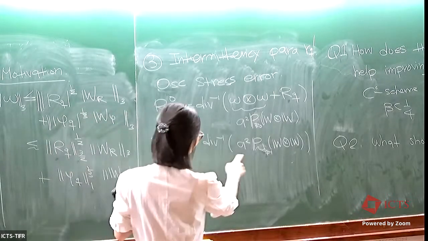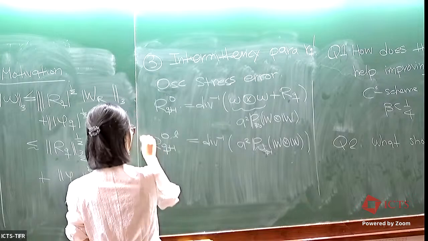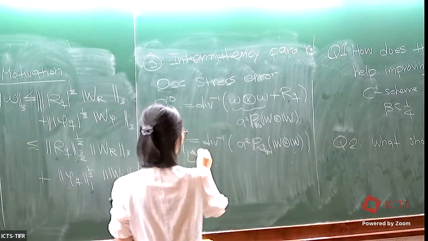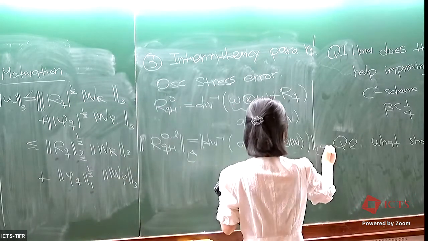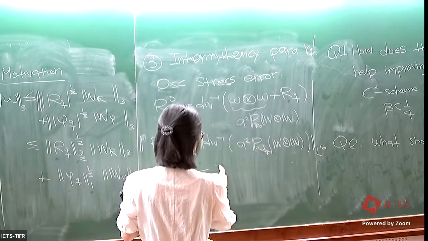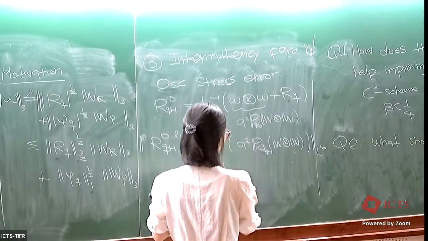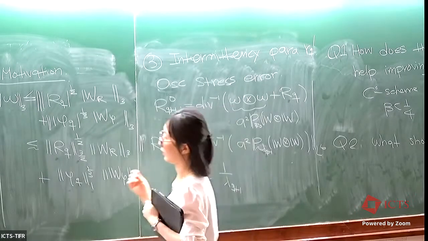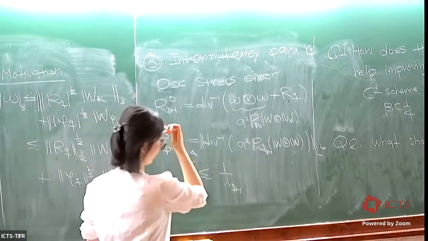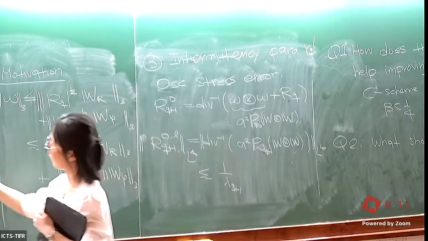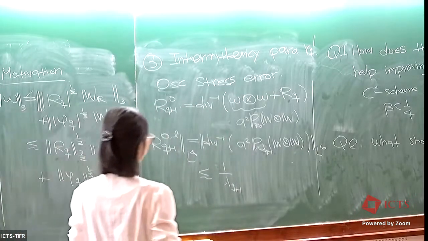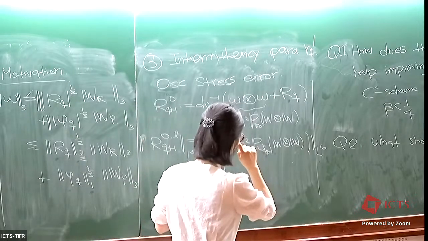But anyway, for this, if you again do the L infinity norm estimate, then you will get 1 over lambda q plus 1. And then this is RQ, which is bounded by 1. I mean, you can also think about the current corrector part, but they are of the same size, so I won't go into that.